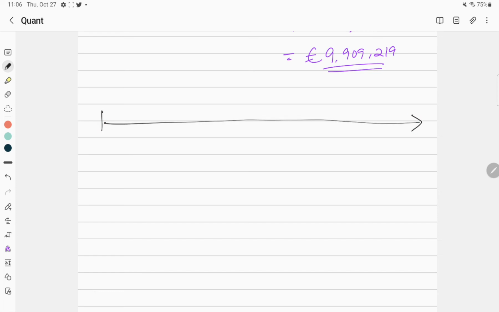Now let me draw this timeline again and try to understand the solution in the context of this timeline. The most important times are 0, 9, 10, and let's do 39 here, and this is time. Our interest rate is 5%.